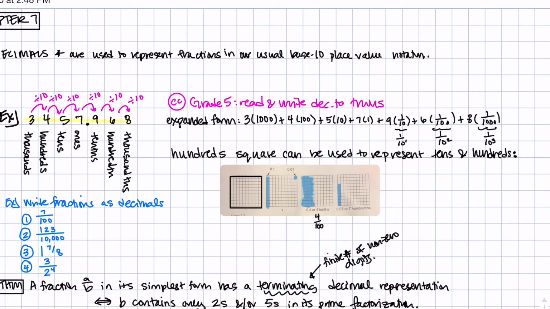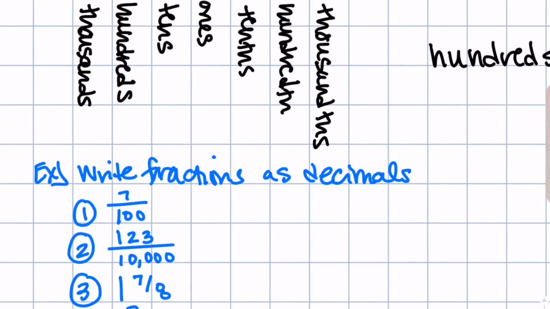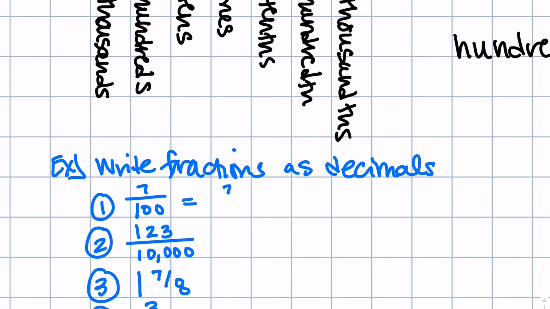It's saying I have 7 of these 100th pieces, right? So another way to write this is 7 times 1 over 100. So be careful, these parentheses are important here. This is 7 times 1 over 100, not 7 and 100th, right? So this is not a mixed number. Using the decimal notation, this is 0.07.